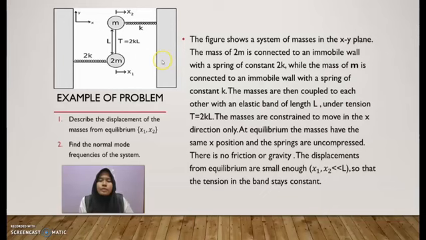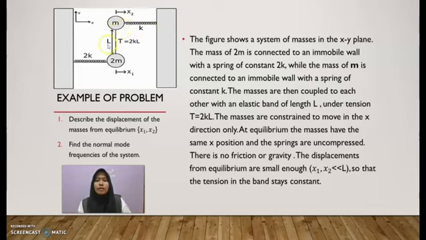So now we continue with an example problem. The figure shows a system of masses in the x and y plane. The mass 2m is connected to the immobile wall by a spring of constant k, and the mass m is attached to a wall with a spring of constant k.